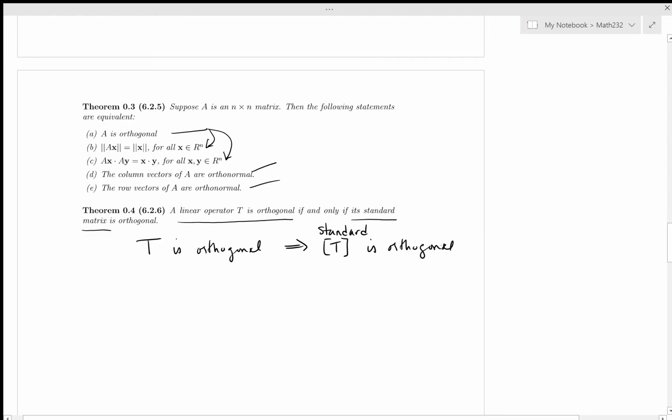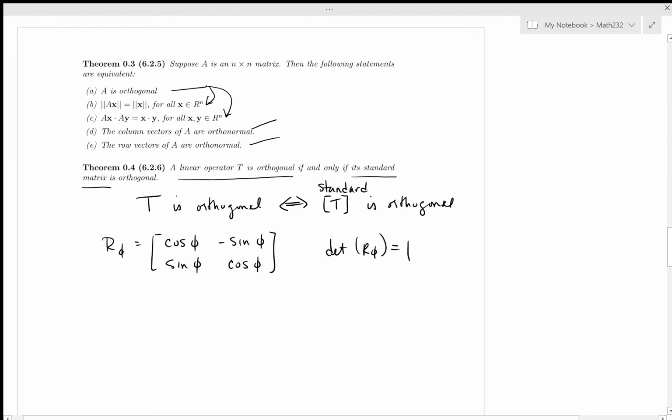And it's also telling you that if you have a standard matrix that's orthogonal, then your linear operator is orthogonal. We've already showed, for example, that R of phi, which is cos phi, sine phi, minus sine phi, cos phi, has a determinant equal to 1.